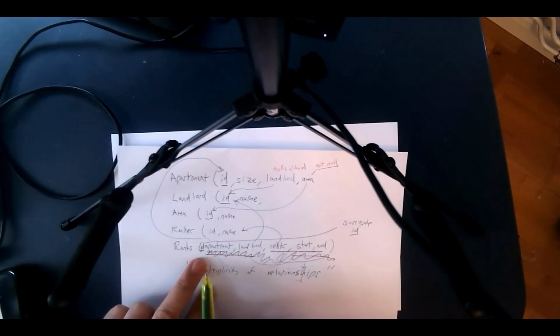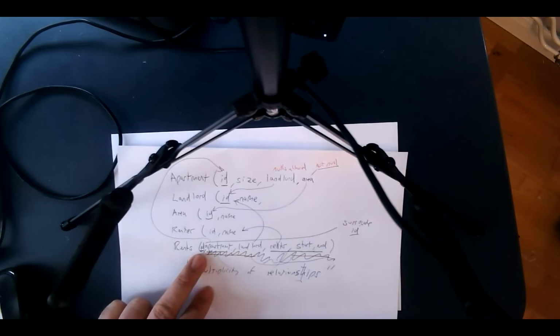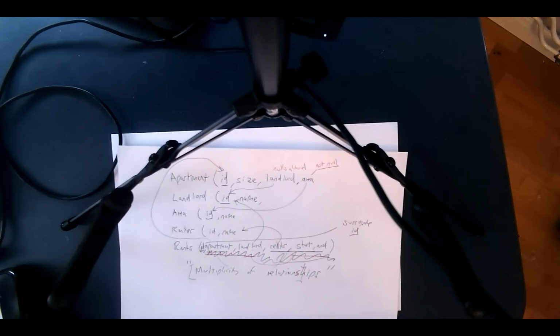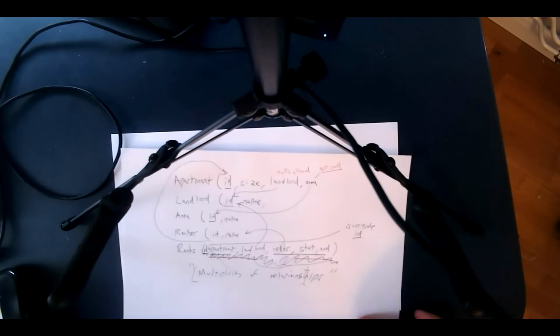A lot of times for your relationships, you won't have complicated multi-attribute primary keys. You'll just put in a new attribute, and that's called a surrogate key, so you can have a key for this relationship. It's not guided by theory so much, it's just a matter of practice.